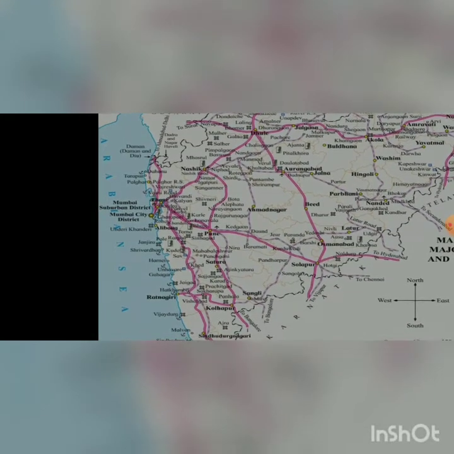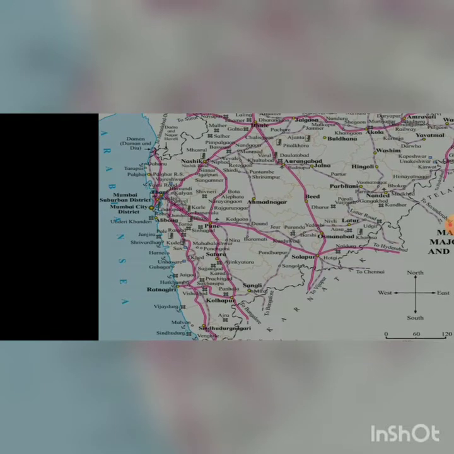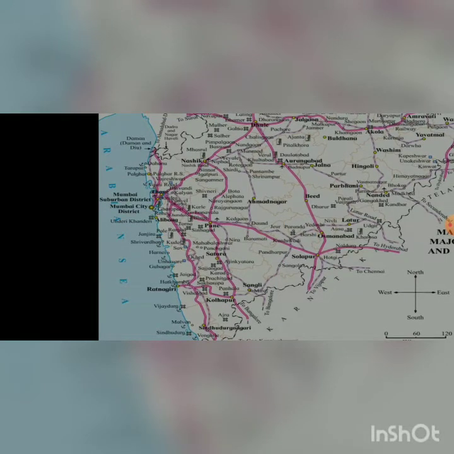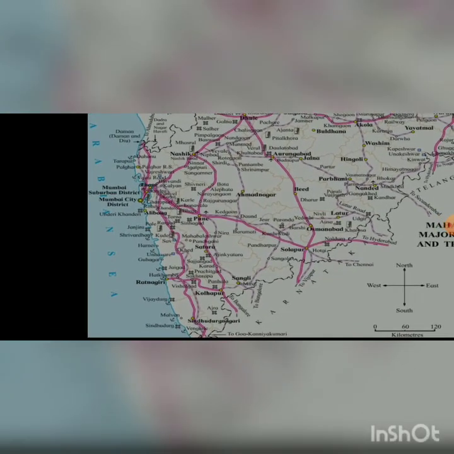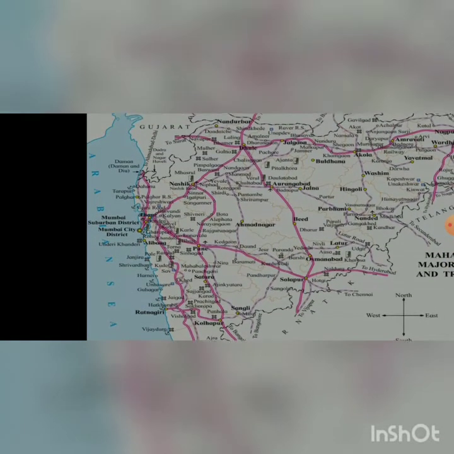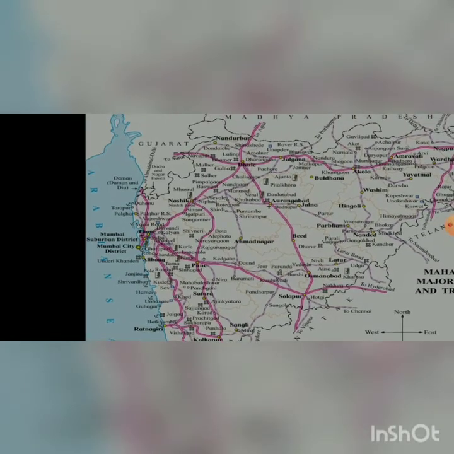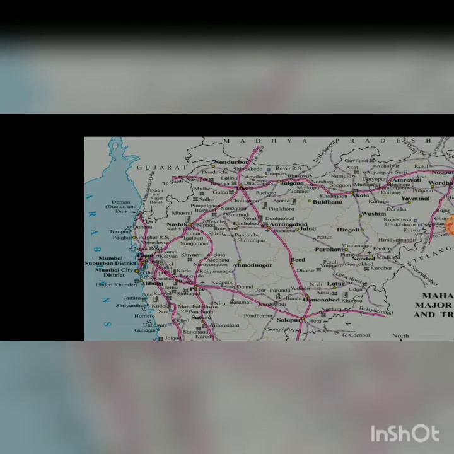Now, when you see the boundary of the state and the Arabian Sea, you can see the sign of port. There are so many ports at the boundary. You can see Mumbai, which is the capital of Maharashtra. Now let us go towards the north of Mumbai.